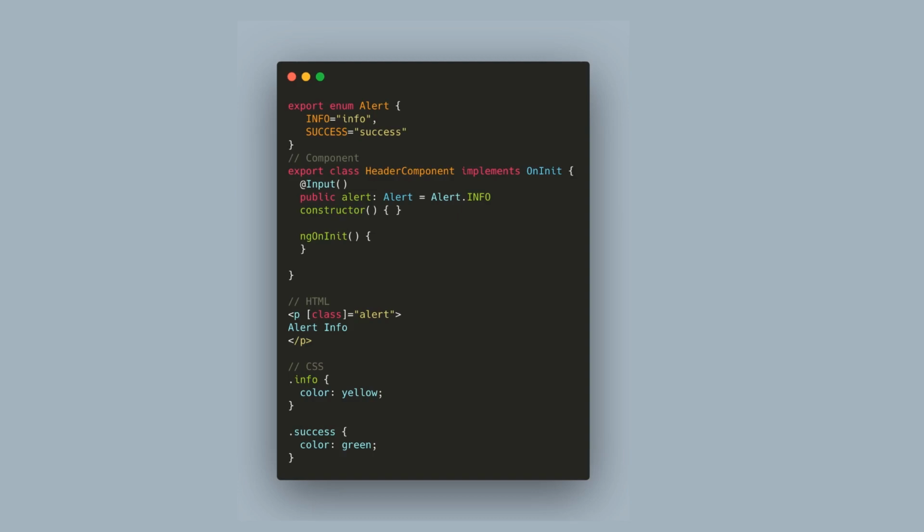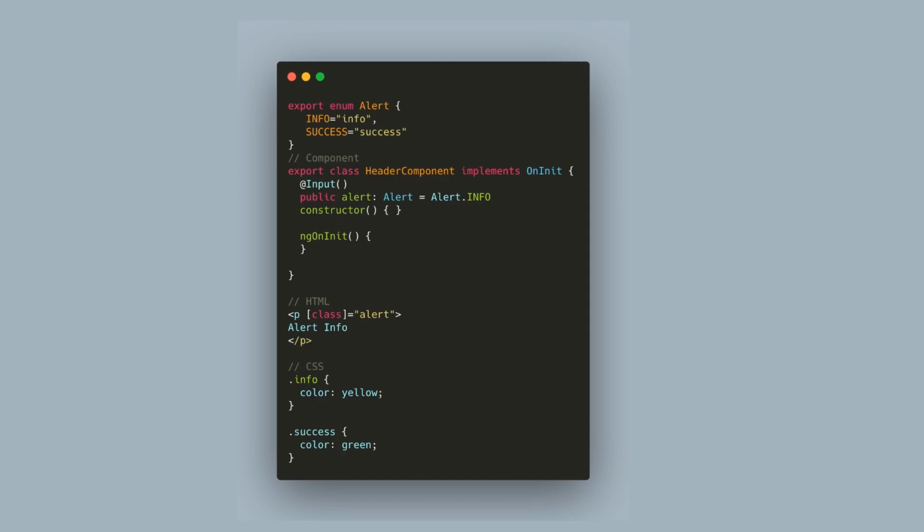Here's an example of using an enum. So you have this alert, which is info equals info, success equals success. When you're creating your components, it's really easy to have like 100 different inputs. Let's say, for example, this is just a header component, but we're passing in an alert to it.